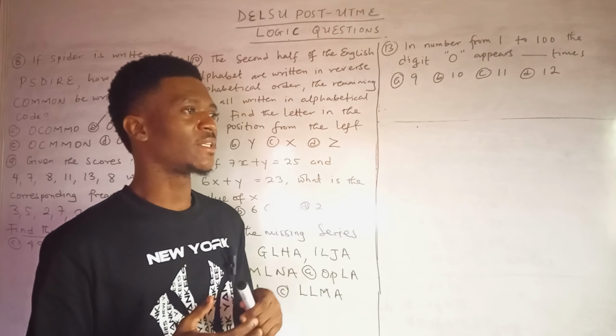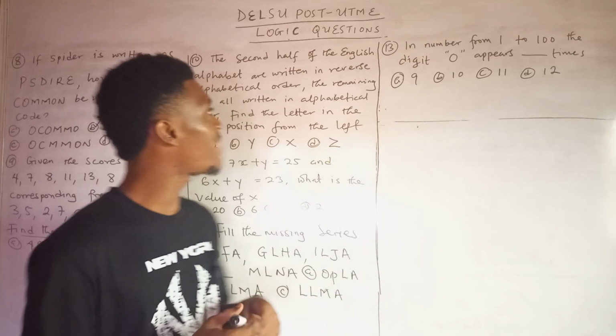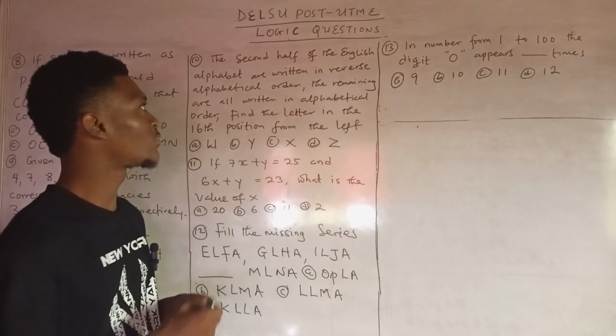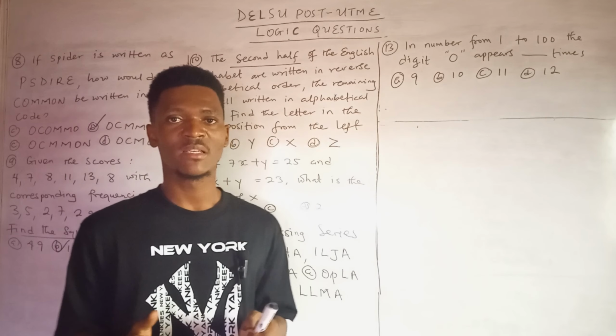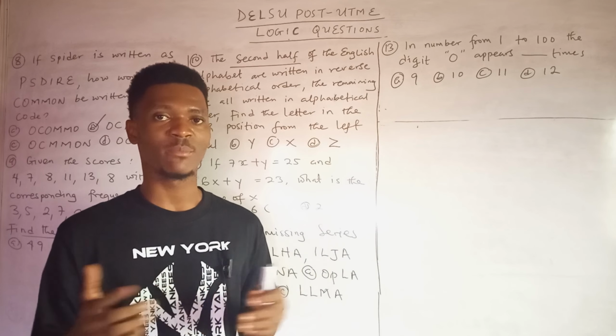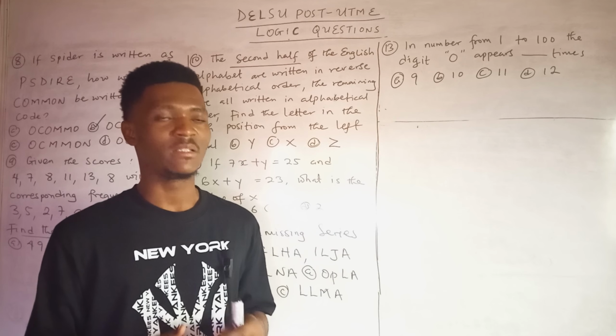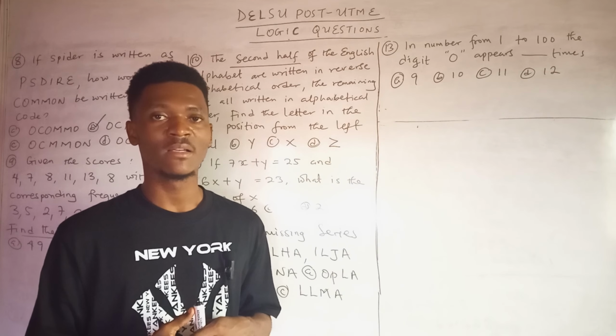So now, they said second half. The mention of second half is trying to let us know that there are 2 halves of the English alphabet. If you can still remember, we have about 26 letters in the alphabetical system.